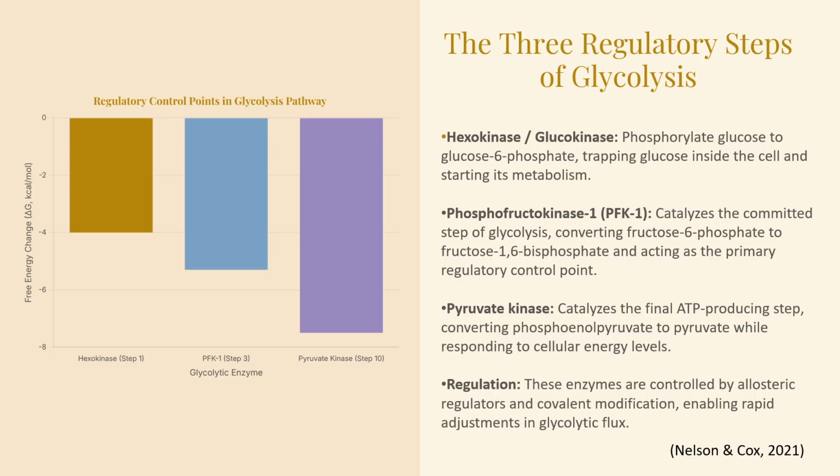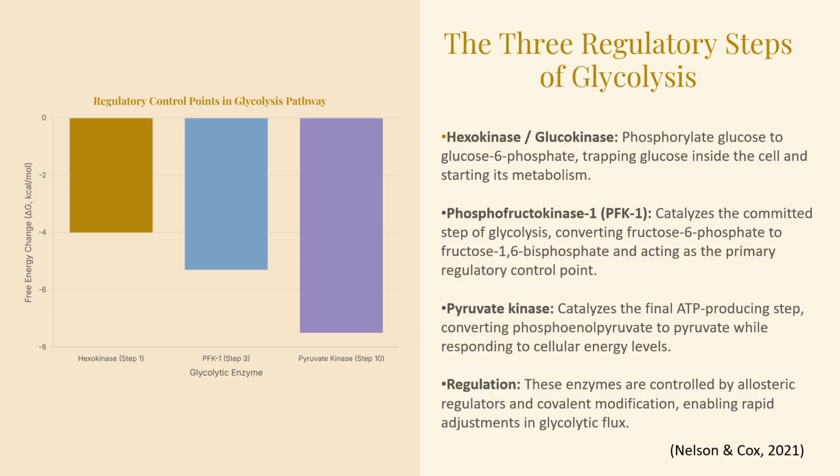This reaction is often described as the committed step of glycolysis, meaning that once this reaction occurs, the glucose molecule is fully committed to being broken down for energy. Because of this, PFK1 serves as the primary control point of the pathway and responds strongly to signals reflecting the energy status of the cell.